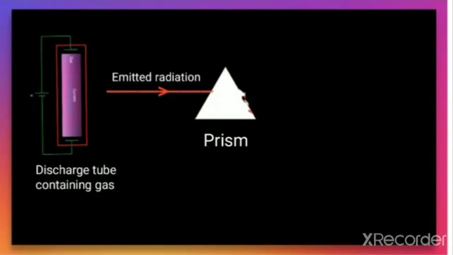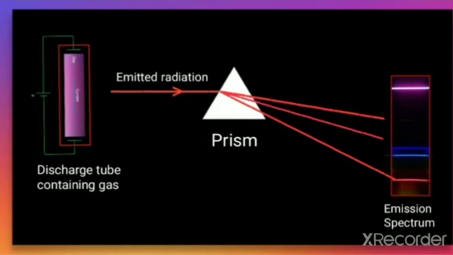As shown in the figure, the radiation is emitted from the discharge tube containing the gas, and when it is made to pass through a prism, we get a spectrum which is called an emission spectrum. Since this is the spectrum of emitted radiation of an excited substance, it is called an emission spectrum.